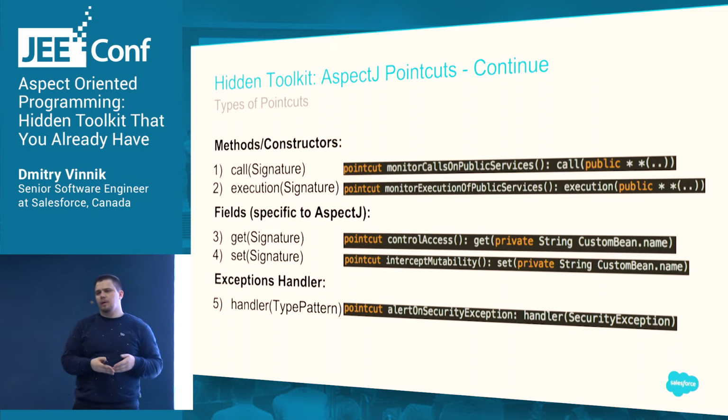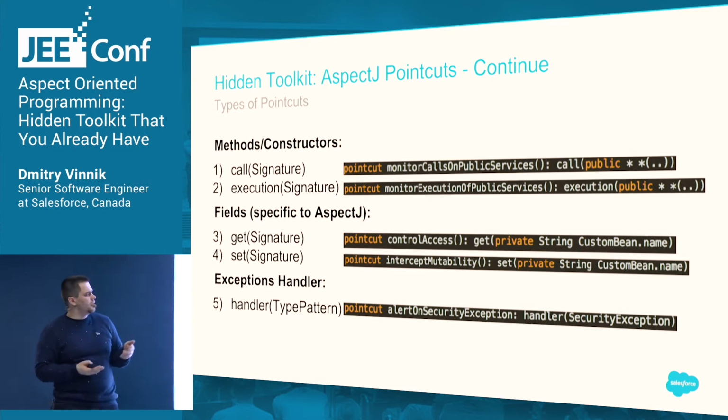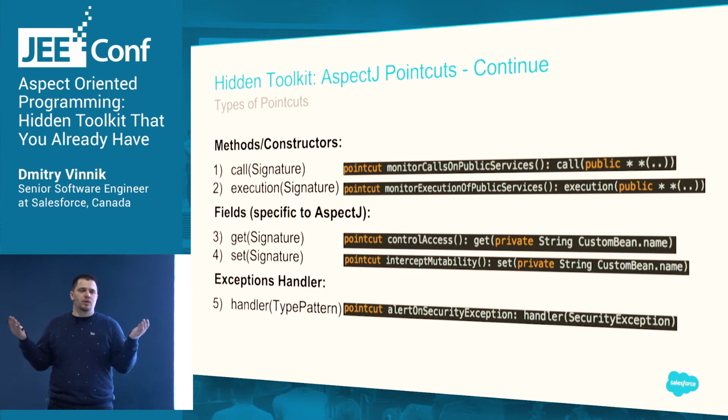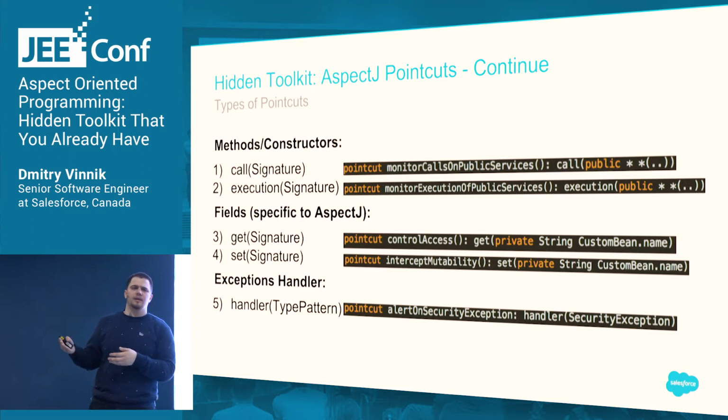The field type pointcuts are as simple as set and get. So consider a use case where you want to enforce immutability of your POJOs that unfortunately have setters on them, like a date in the standard Java packages. If someone actually sets the date instead of using defensive copying, you want to give an advice maybe and make it part of your process.